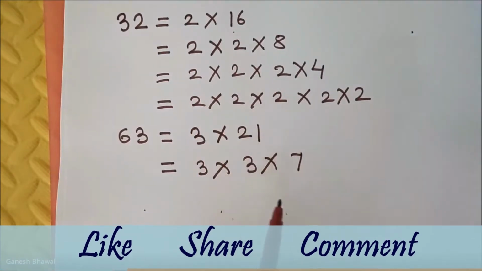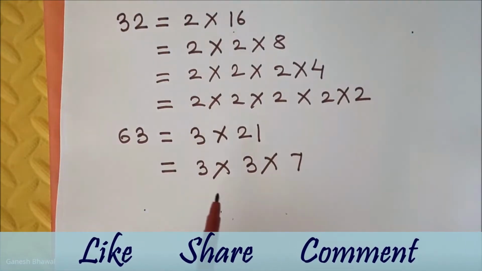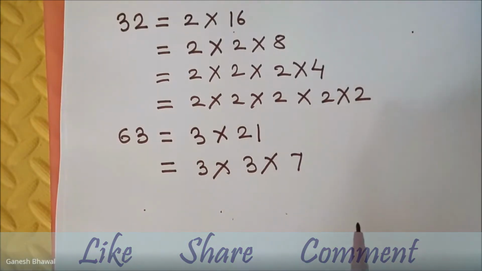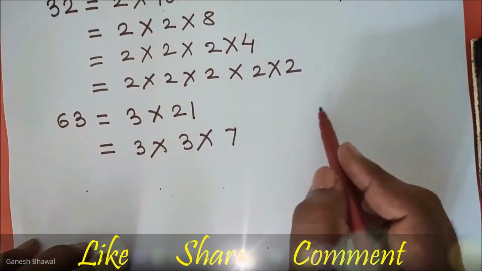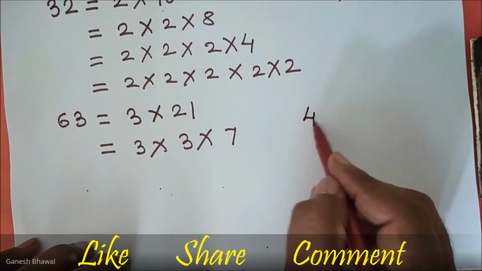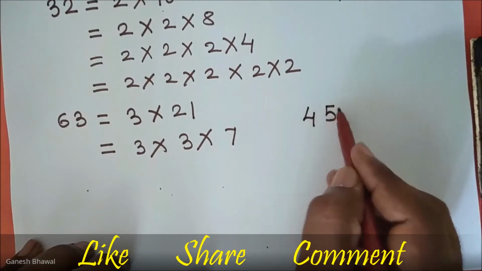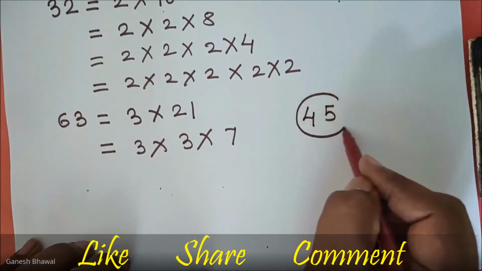All examples we have taken in horizontal arrangement. You can take in vertical arrangement also. Take 45 and circle it.